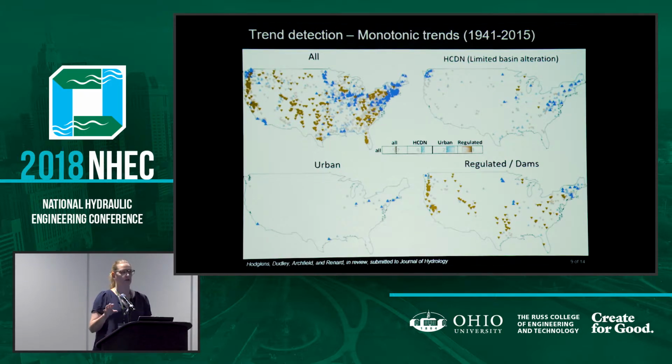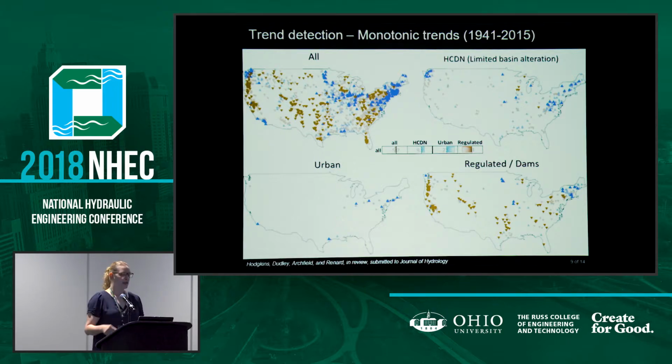If we isolate only the HCDN gauges, in the top right-hand corner, those are gauges that would have limited regulation or limited basin alteration, so we can consider them more indicative of what might be happening in the climate. We see a mix of increases and decreases, but again, we see the strong pattern in the Northeast, the central U.S., and the Pacific Northwest of increases in general in annual peaks.